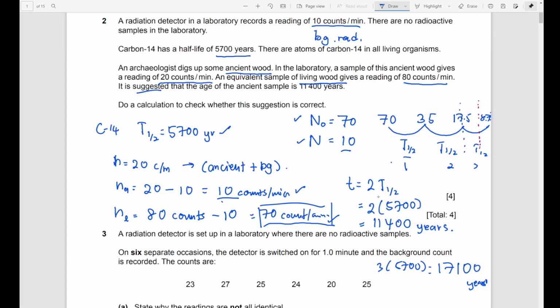So our age should be more than 11400 years, but it cannot exceed 17100 years.